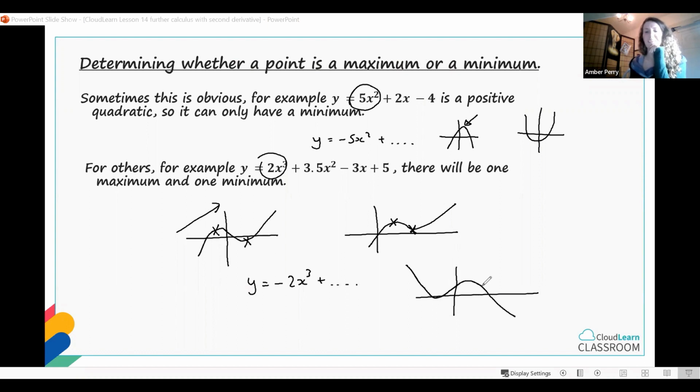Like that. There we go. So in that graph, the minimum comes before the maximum. Okay, so they will look like that. And so you can think about the shape of the graph, and then you can look at where those turning points will be.